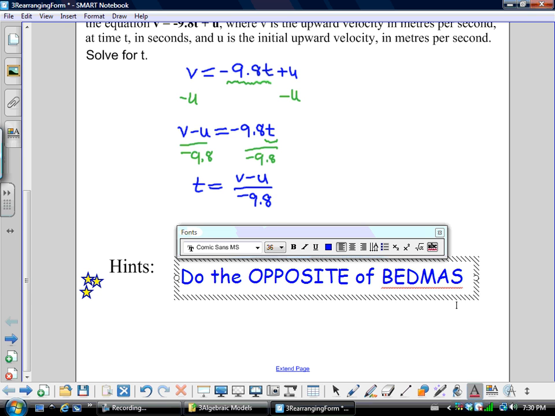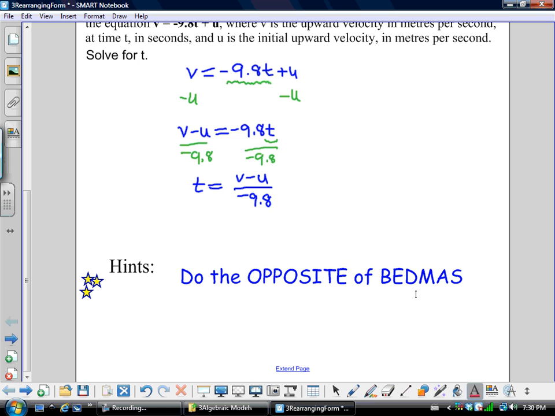I hate putting that there because often students make a lot of mistakes because they didn't follow BEDMAS. But when we're rearranging a formula, we're actually doing the opposite, when we're isolating it. Okay, so that's the first example. Stay tuned for the second.